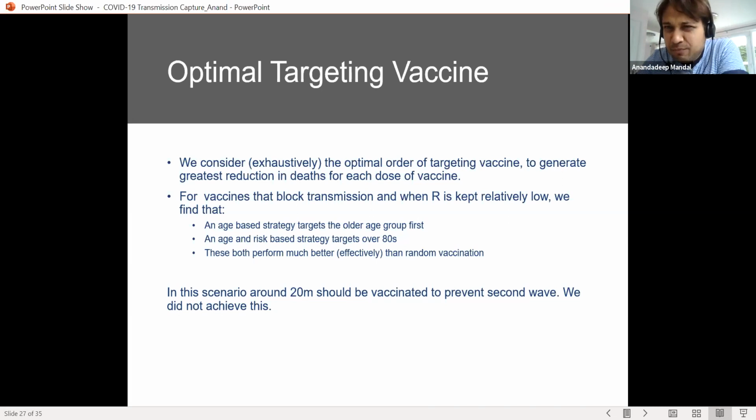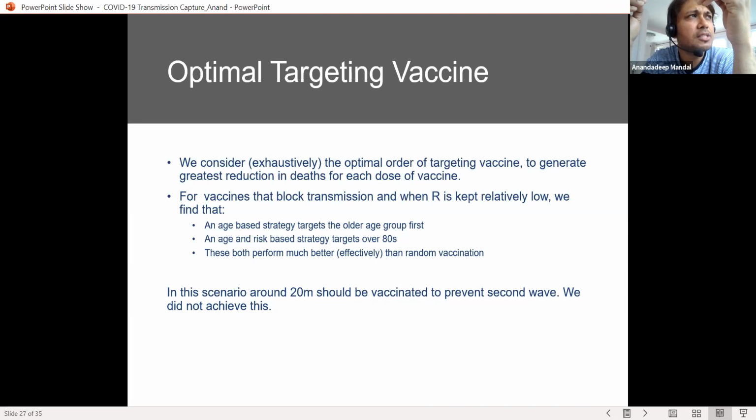So we came up with age-based strategies for various age groups and the risks involved, which targets over 80s, and we saw that the age-based risk classification was far better than randomly vaccinating everyone. So, what do you mean by randomly vaccinating?